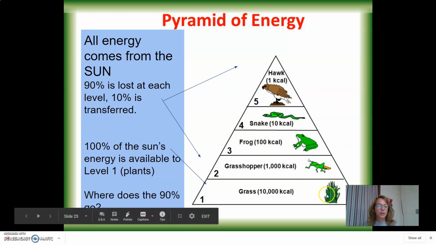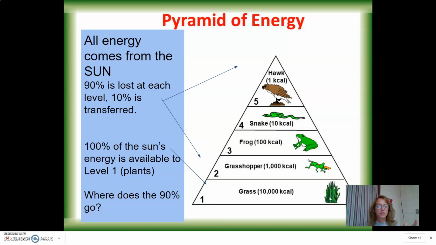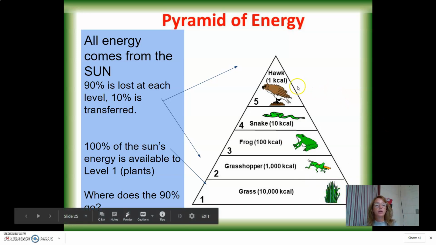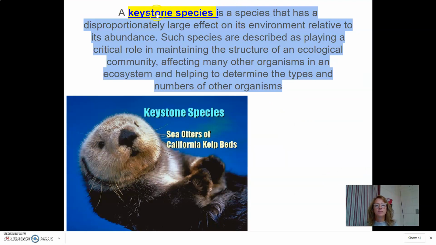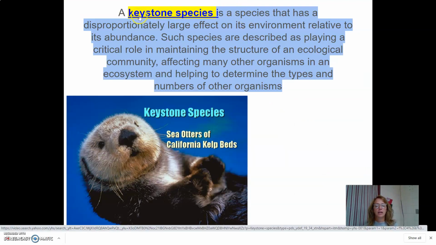If we lost one blade of grass, there's lots of grass, so it's not going to affect the ecosystem a whole lot. You get rid of one hawk, and you're upsetting all of this flow of energy here, which affects populations and all these other things that we'll talk about later. So I want you to know that a keystone species is key, okay?